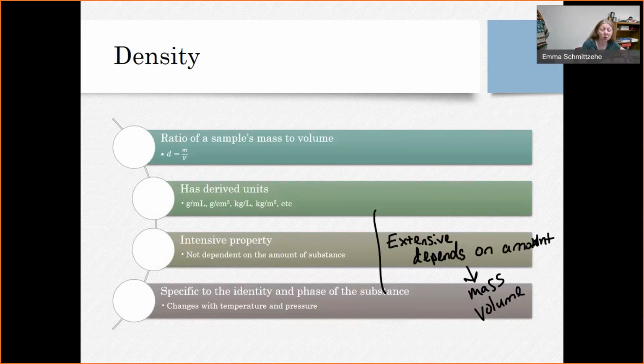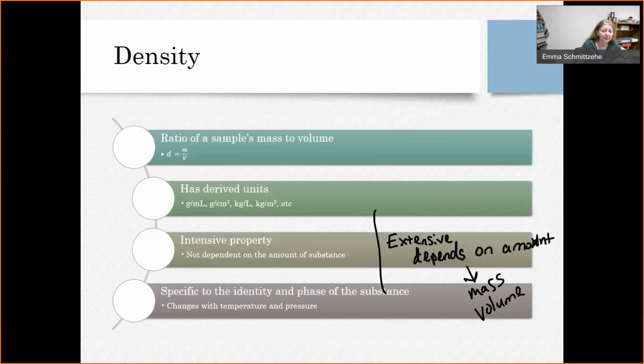Most substances, when you go from a liquid to a solid state, the density goes up. Water is the unusual one, the density goes down when it goes to the solid phase. It's a little unusual characteristic, but the key to remember is if I have a different substance, I have a different density. If I have the same substance in a different phase, I also have a different density, okay?